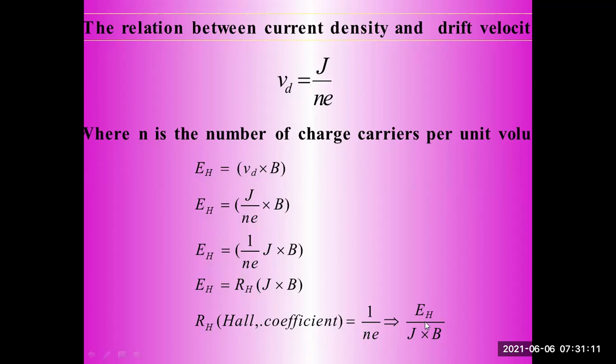Now R_H will be equal to E_H by J into B. So the Hall coefficient is equal to E_H by J into B. This is the value of the Hall coefficient from the basic diagram.